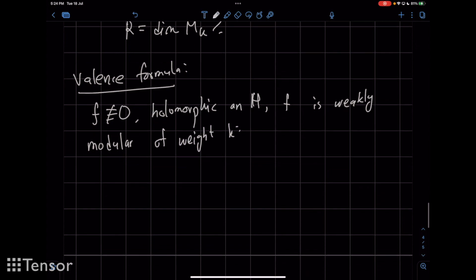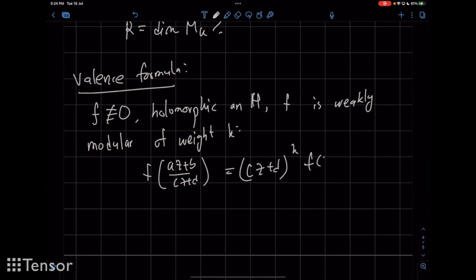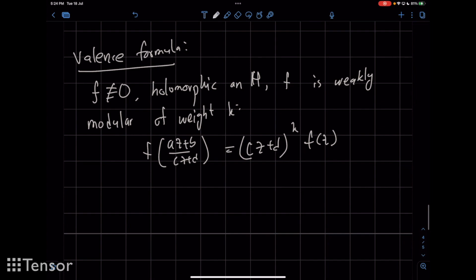What this means is that f((az+b)/(cz+d)) is equal to (cz+d)^k f(z). This condition is called weakly modular of weight k. In order to be a modular form, we need that f is bounded as the imaginary part goes to infinity. We are not requiring that condition right now, so f can have a pole at infinity.